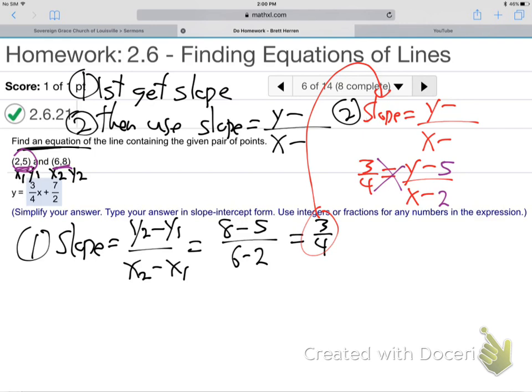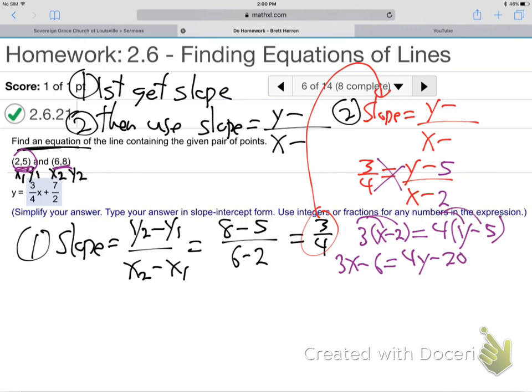So cross multiply. What's that going to be? 3 x minus 2, 4 y minus 5. Distribute. 3x minus 6, 4y minus 20.